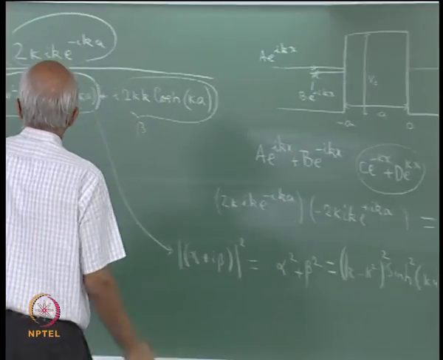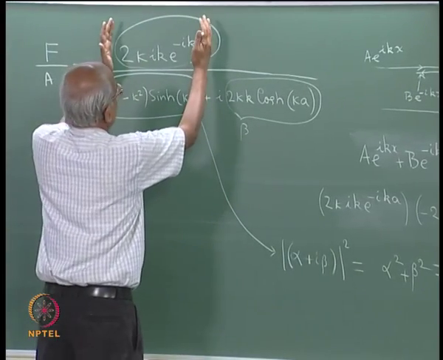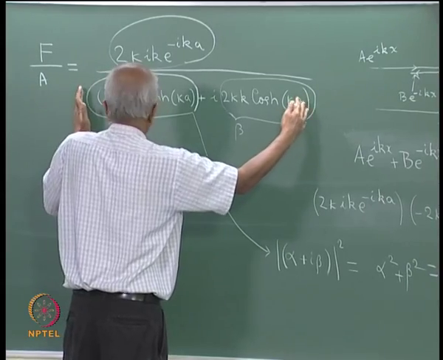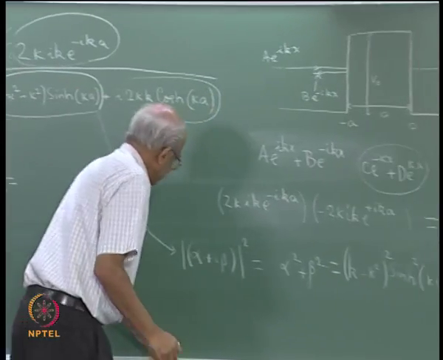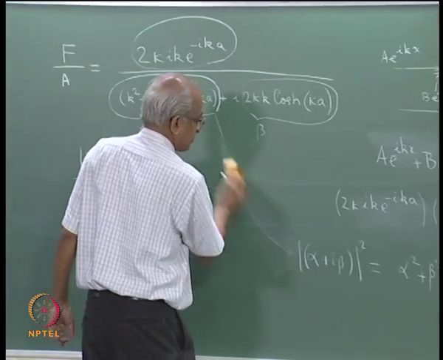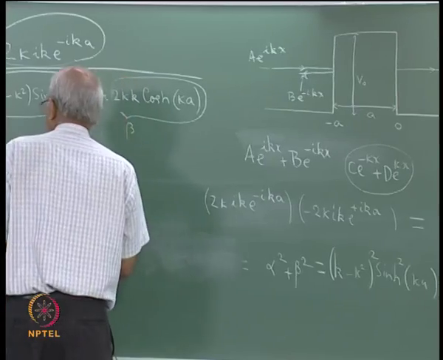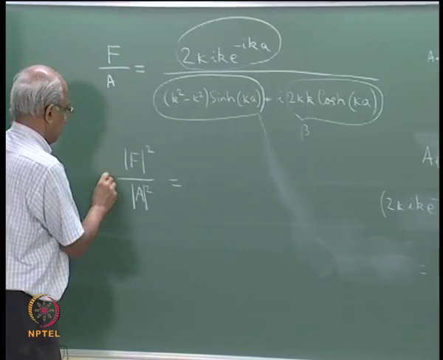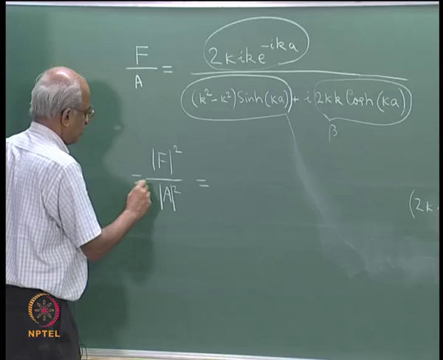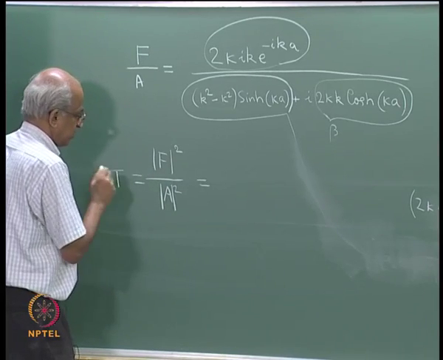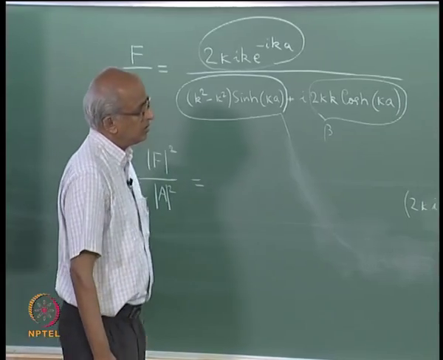So, we have evaluated the magnitude square of the numerator, we have also evaluated the magnitude square of the denominator, and you can use these results to get an expression for f square divided by a square, which we will refer to as the tunneling probability or the transmission coefficient and denote by the symbol capital T. So, what is the answer?